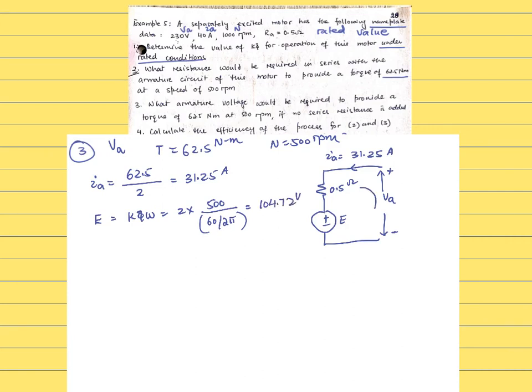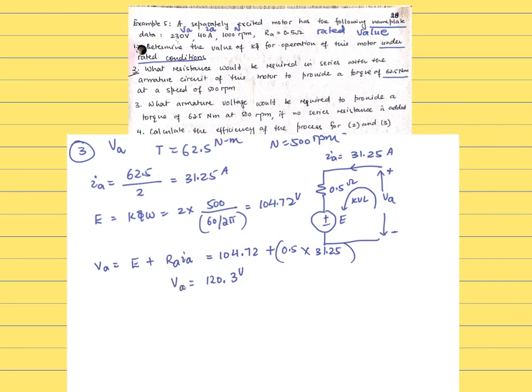Now let's apply KVL: VA equals E plus RA IA. Calculating for VA, 104.72 plus 0.5 multiplied by 31.25 gives 120.3 volts. So we don't need to have 230 volts there. That's the value of VA.